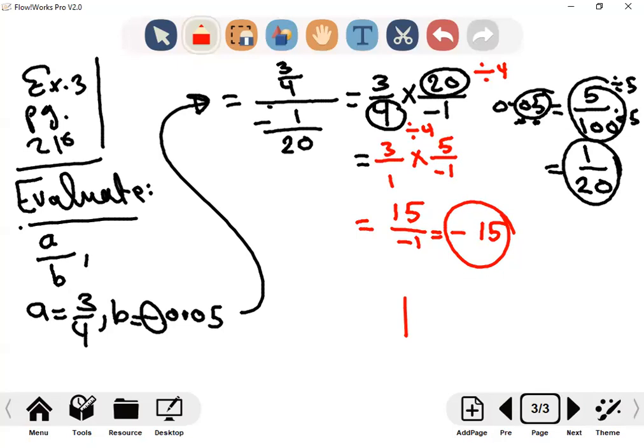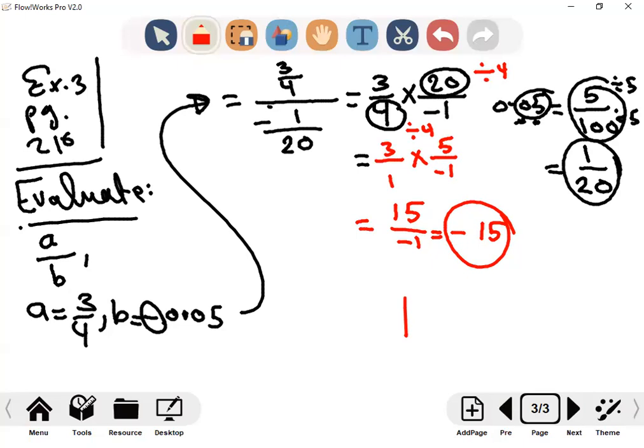The book did it the other way. The book turns this fraction to what? How do we turn the fraction to a decimal? We took it in the first lesson, if you remember. We use division. 3 over 4 means 3 divided by 4. This 3 over 4 is 0.75.